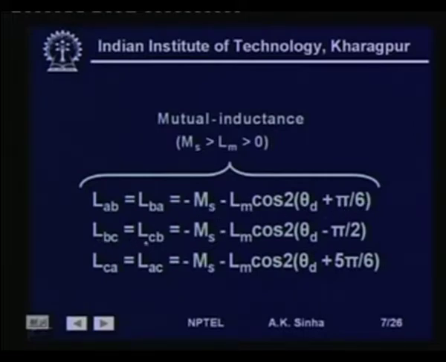Similarly, L_BC is equal to L_CB is equal to minus M_s minus L_m cos 2(theta_d minus pi by 2), and L_CA is equal to L_AC is equal to minus M_s minus L_m cos 2(theta_d plus 5 pi by 6). That is, these mutual inductances, as we said earlier, are also going to be time varying, because the air gap is not constant and it keeps varying as the rotor keeps rotating around the stator.